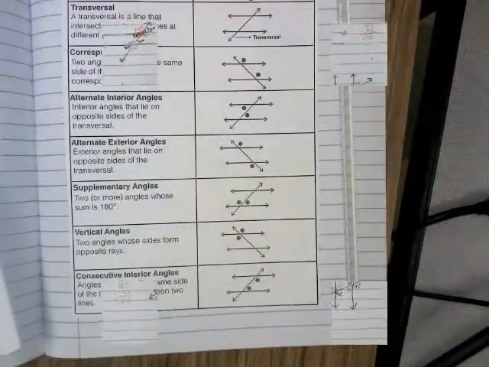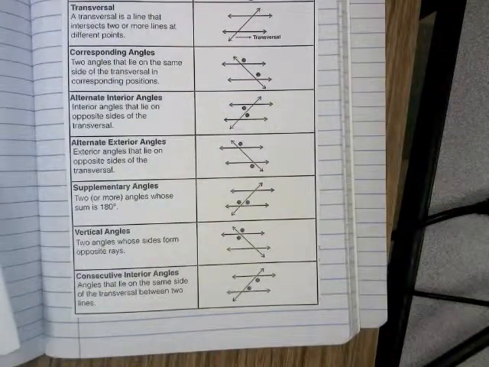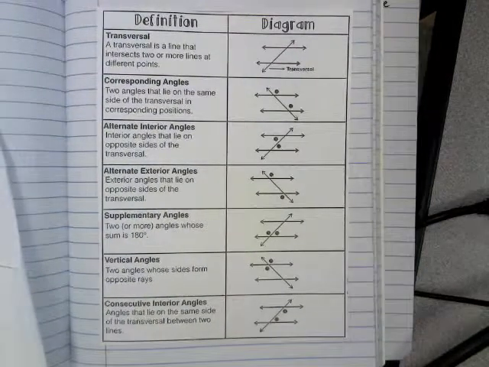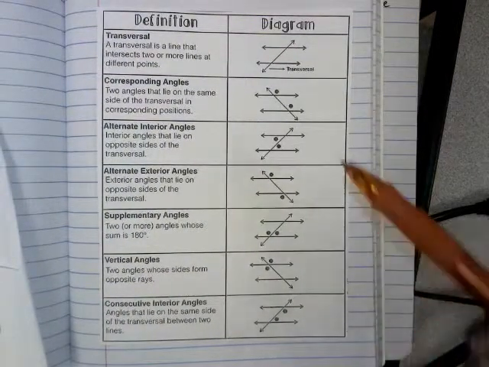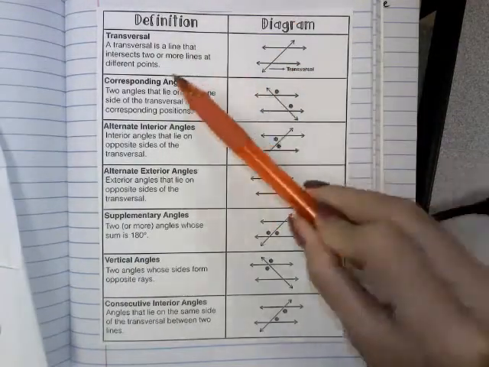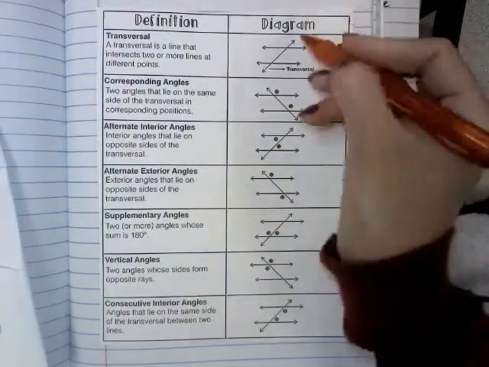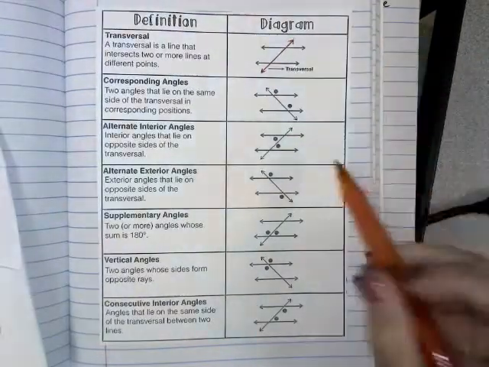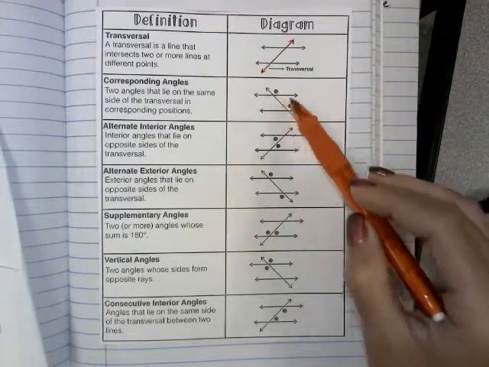Be sure to add this page of additional definitions to your interactive notebook. We have transversal, that's the line that intersects the 2 parallel lines. Corresponding angles, angles that are in the same spot.